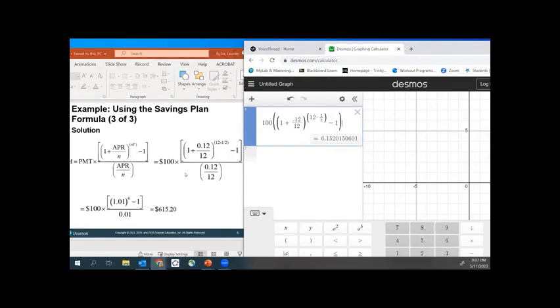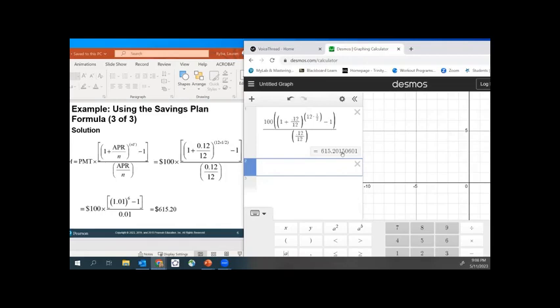I'm going to then close that set of parentheses, divide that all by, in parentheses, 0.12 over 12. And you see I get that same answer of 615.20.